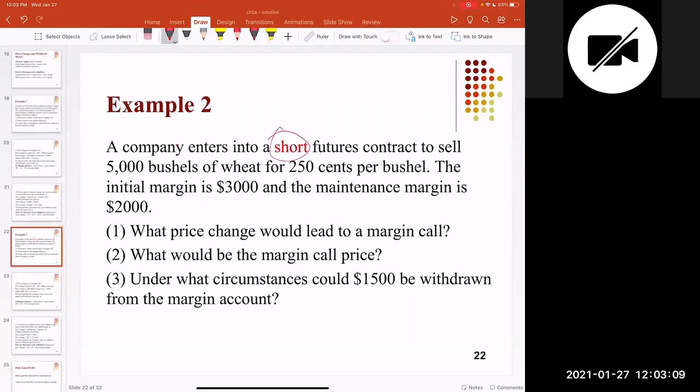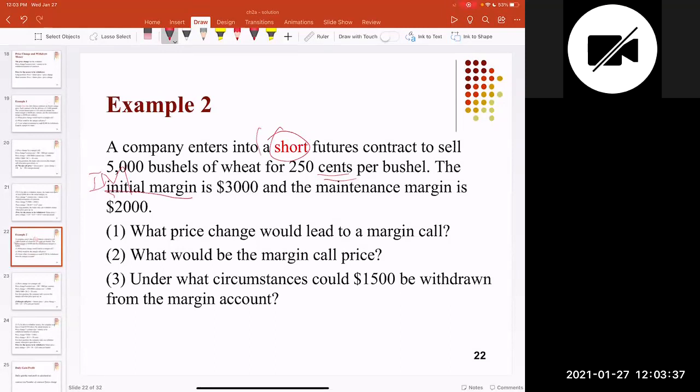I highlight the short. Short means sell, right? A company enters into a short futures contract to sell 5,000 bushels of wheat for 250 cents. So see the units, per bushel. The initial margin, IM, is 3,000 and the maintenance margin, MM, is 2,000.